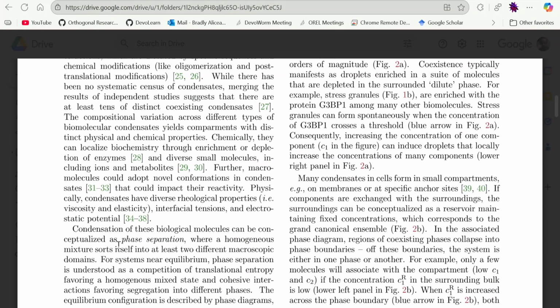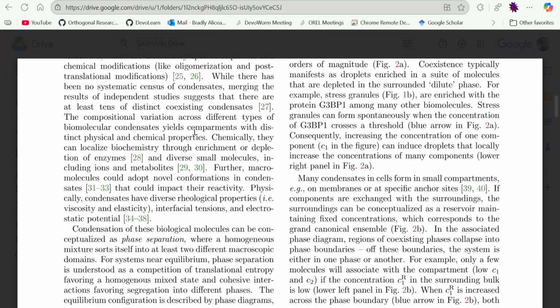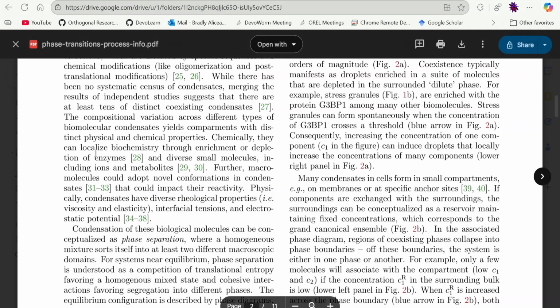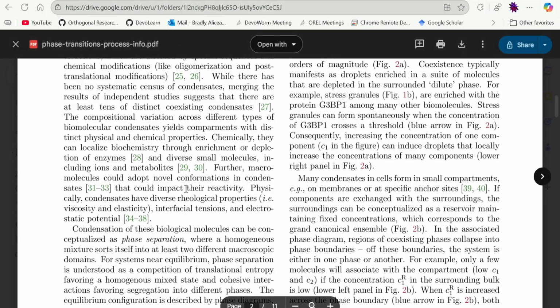The compositional variation across different types of biomolecular condensate yields compartments with distinct physical and chemical properties. They can localize biochemistry through enrichment or depletion of enzymes and diverse small molecules, including ions and metabolites. And so macromolecules could adopt novel conformations in condensates that could impact their reactivity.